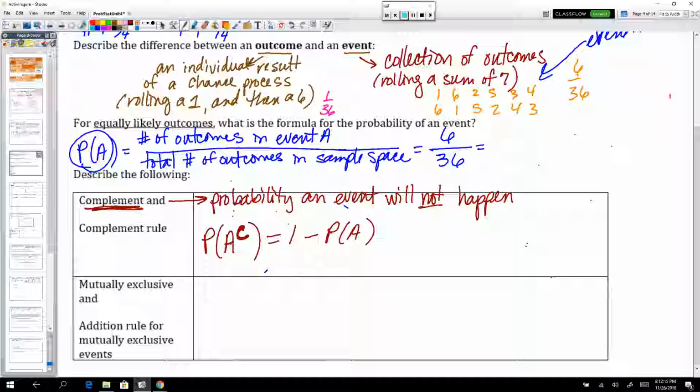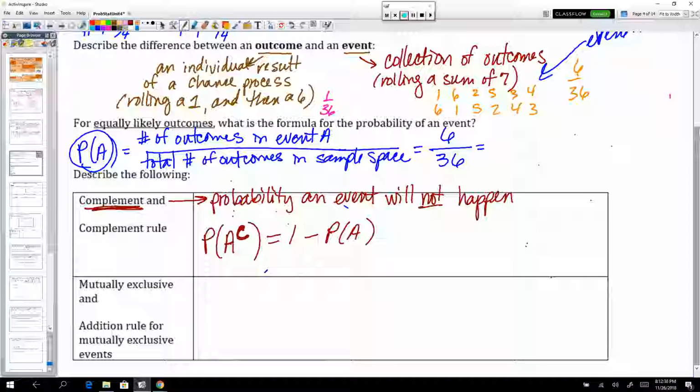The probability of the complement of A, or the probability of A not happening, equals 1 minus the probability of A happening. And you probably could have figured that out for yourself. We just want to make sure that you've got that rule ready for you in case some of the language gets a little confusing on your problems.